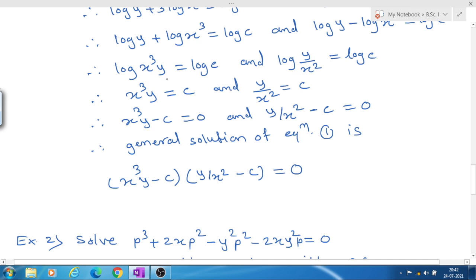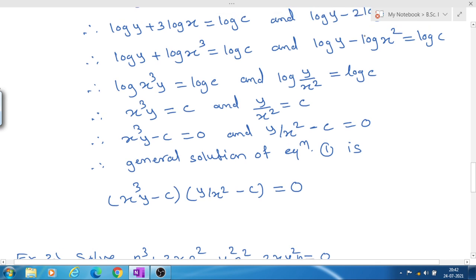So log of x cube y is equal to log c, and log y minus log x square means log of y upon x square is equal to log c.